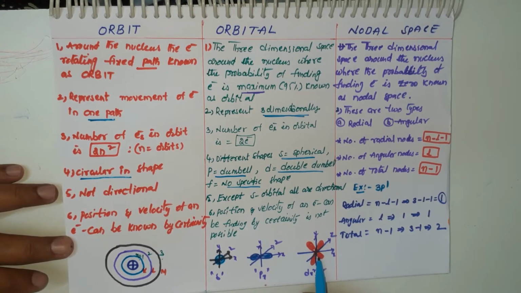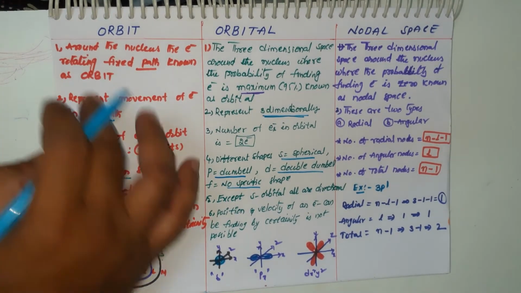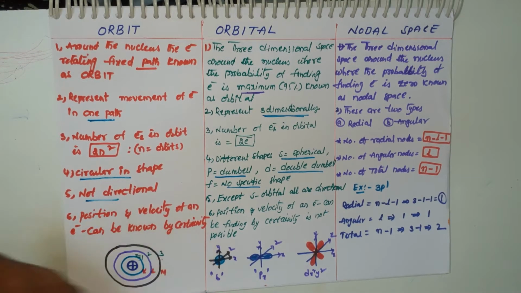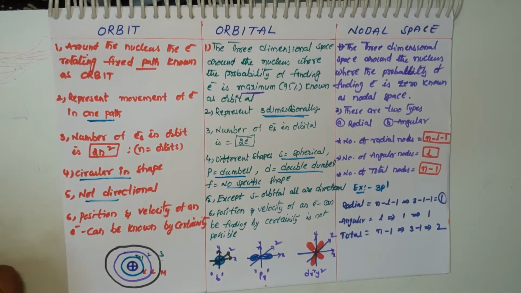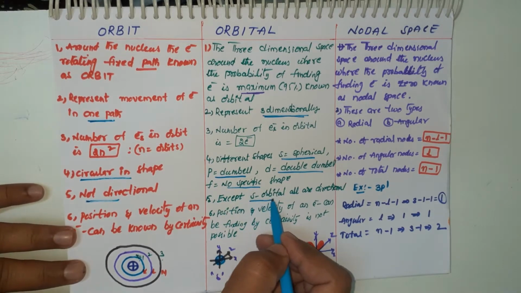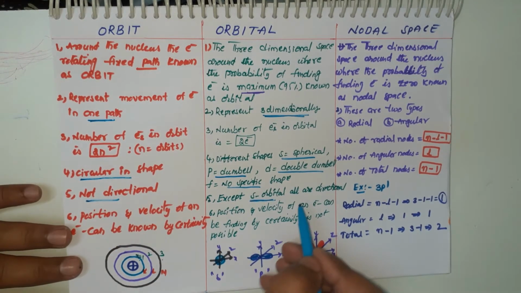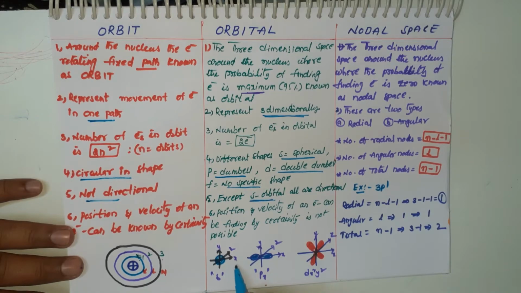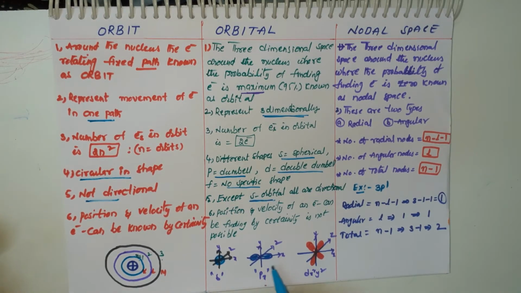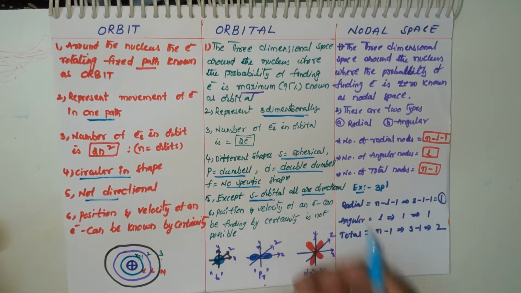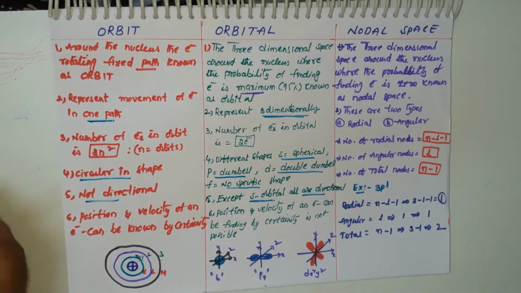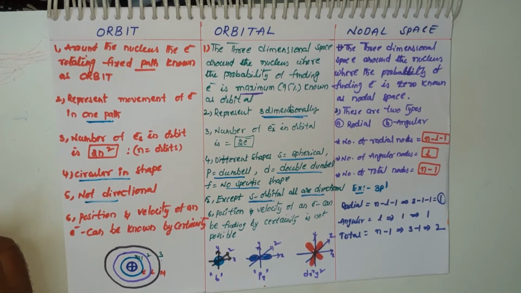Okay, this is the double dumbbell, this is the dumbbell, this is the spherical shape. Orbits have no direction, they are not directional, but except the s orbital, all orbitals are directional, along the x, y, z axes. Except s orbital, the remaining orbitals are directional.